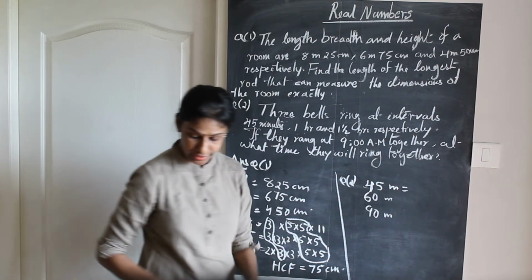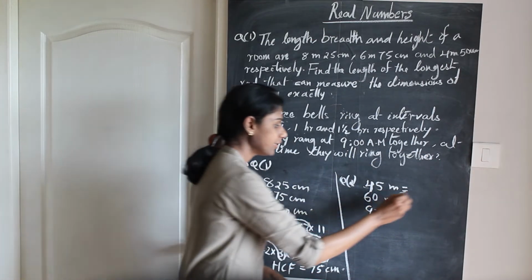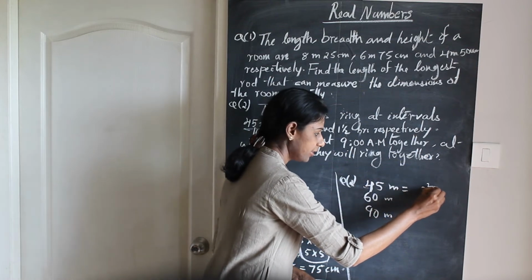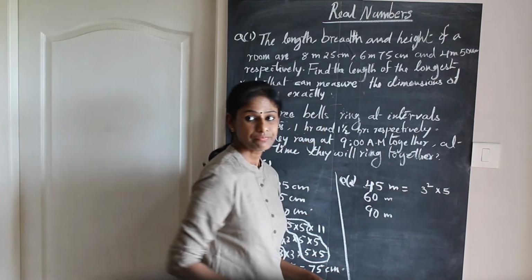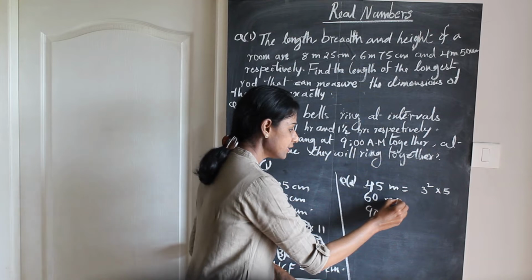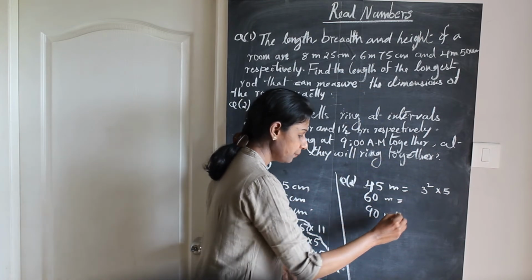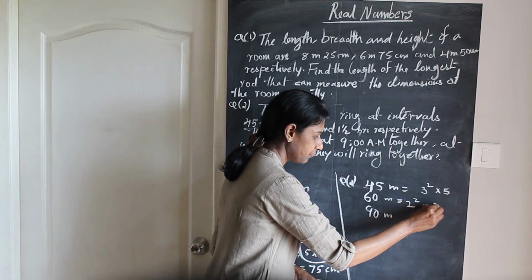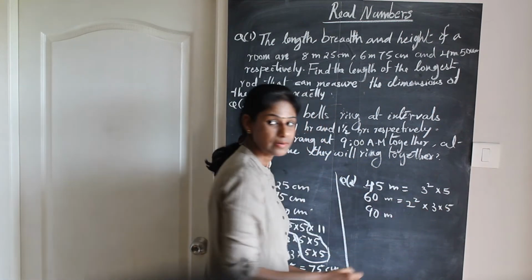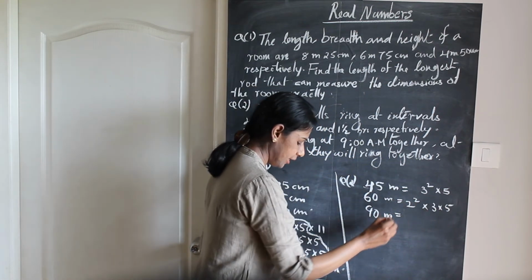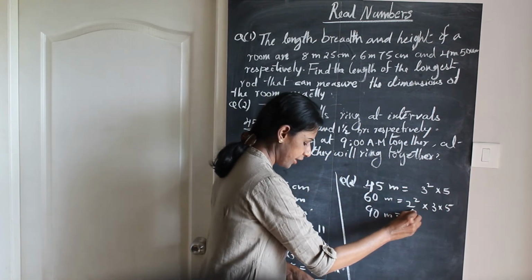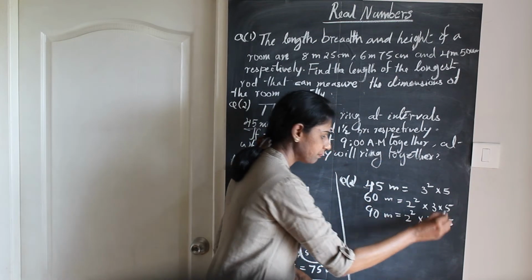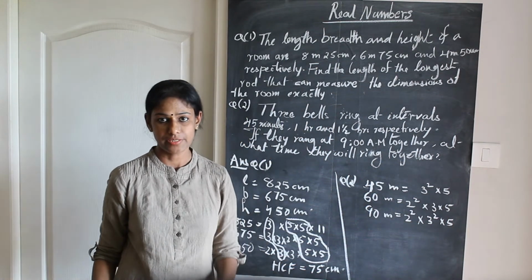So 45 is equal to 3 squared into 5, that is 3 into 3 into 5. 60 is equal to 2 squared into 3 into 5. 90 is equal to 2 squared into 3 squared into 5. That is the prime factorization of these numbers.